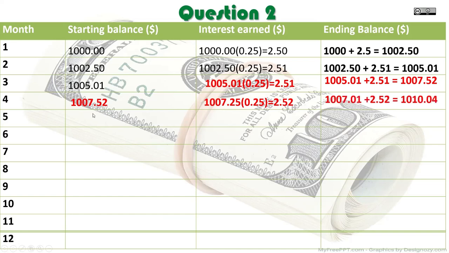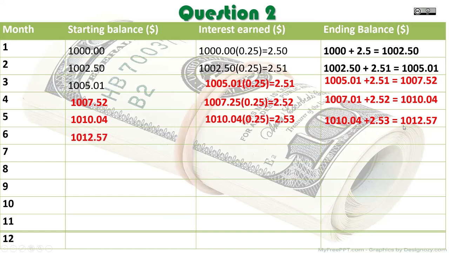And we add that to our starting balance of $1,007.52 plus $2.52 to get $1,010.04. So we take that $1,010.04, go through the same process, and we get $2.53 as our interest. We add that interest to our $1,010.04, and we get $1,012.57.